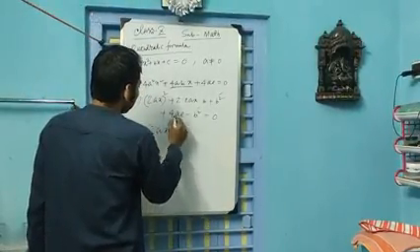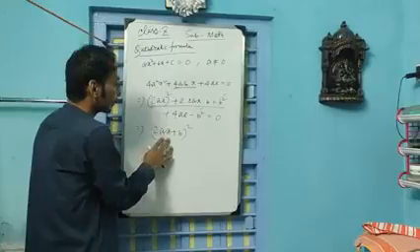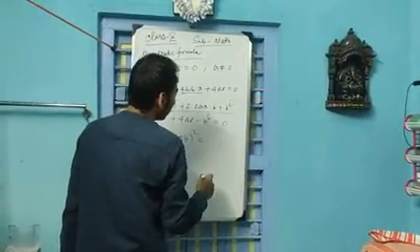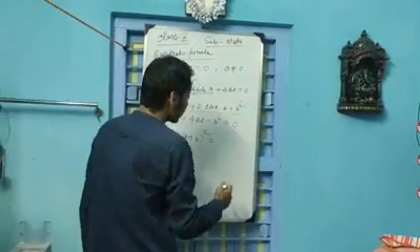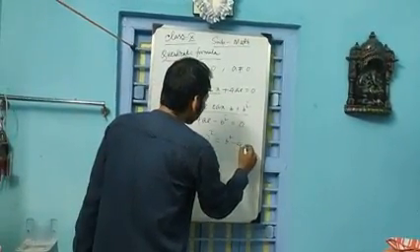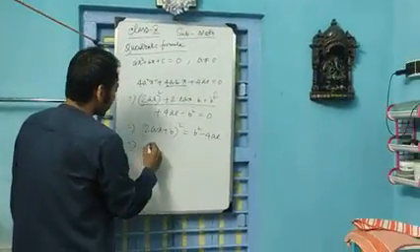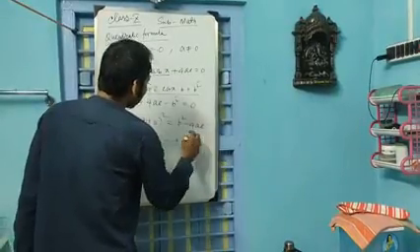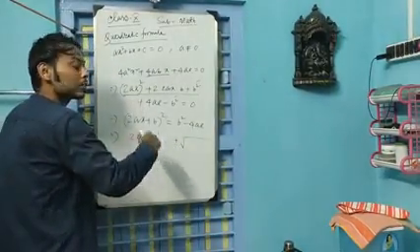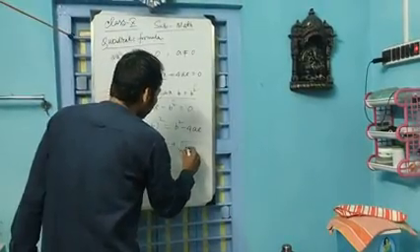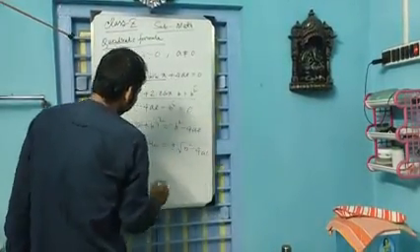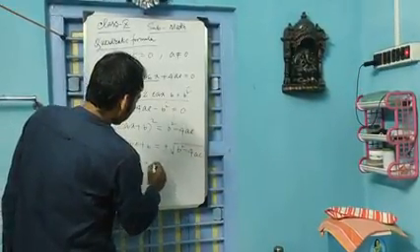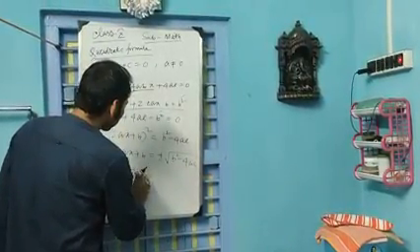For adjusting b², I am writing here minus b². This implies (2ax + b)² = ... Whenever these two terms are moved to the right hand side, it will be b² - 4ac. Implies 2ax + b = ±, because whenever you remove the square, you get plus minus on the opposite side. So ±√(b² - 4ac).